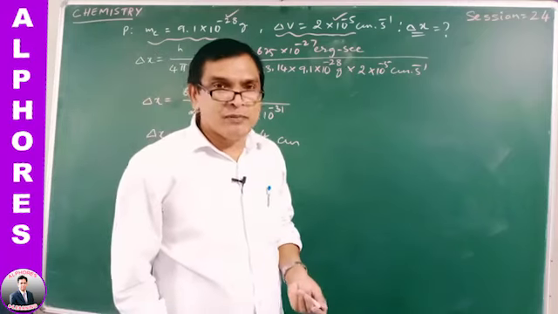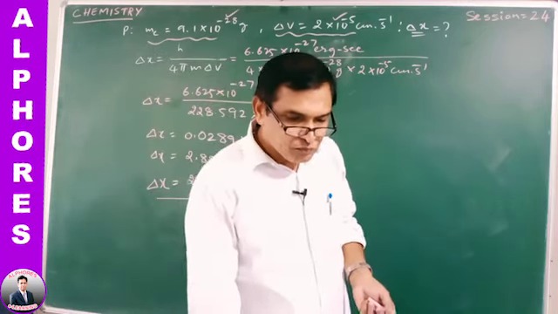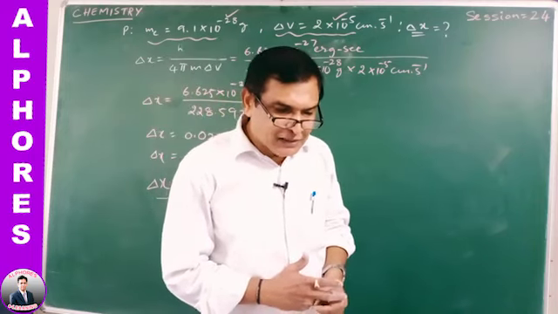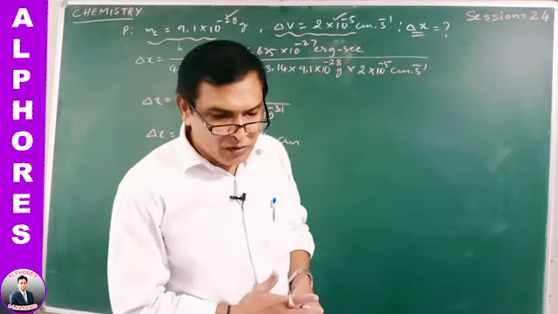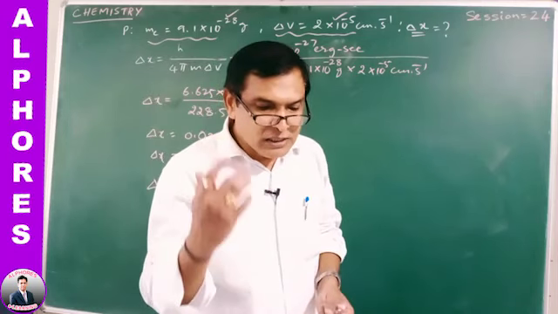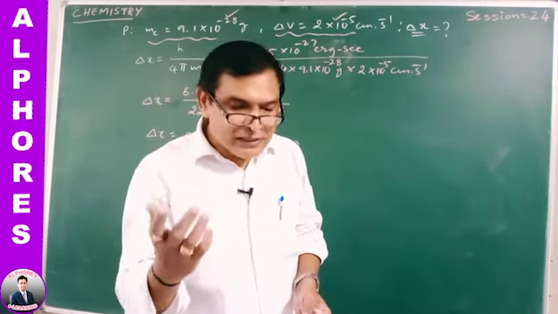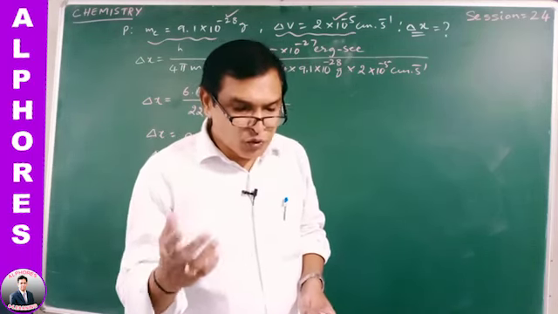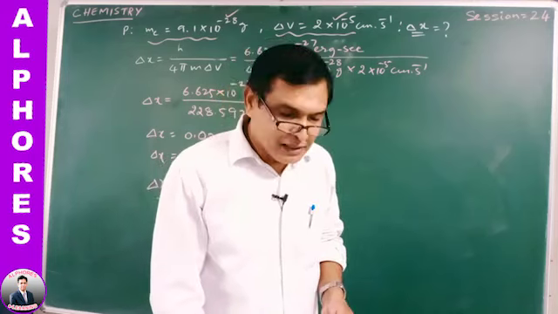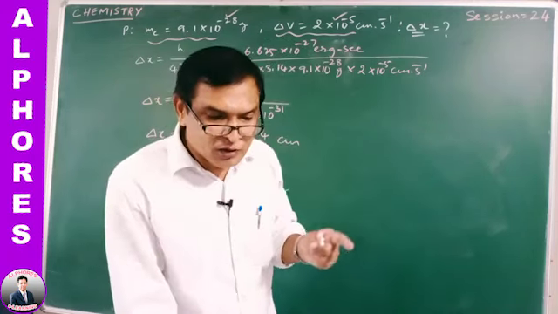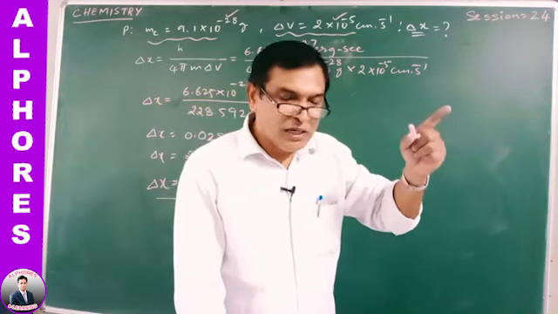I read the next problem, listen. The velocity of an electron with de Broglie's wavelength 1 into 10 to the power 2 nanometers.